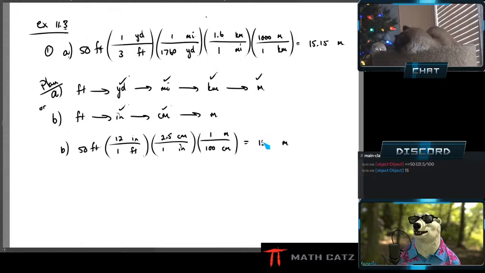So we get pretty close, right? Depends on what you're okay with pretty close meaning. I'll accept both, and it's because this conversion here is not perfectly accurate, our linking conversions, and that's okay. I've made that decision based on my goals and my needs, and I can live with that.